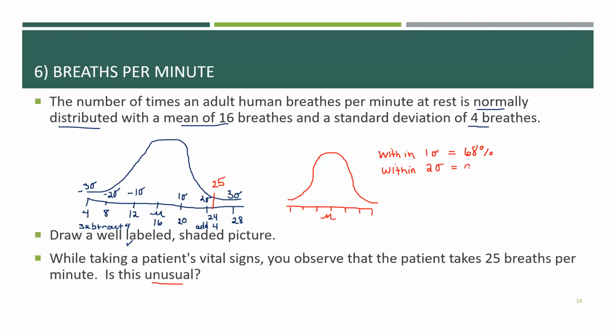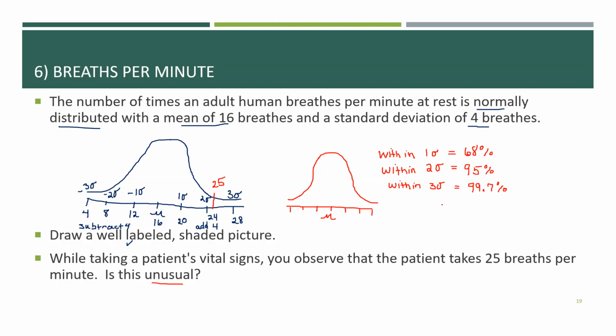These are just estimates, not exact. And then we had within 3 standard deviations is about 99.7, which is why we only ever go up to 3, because we've got almost everybody by that time.